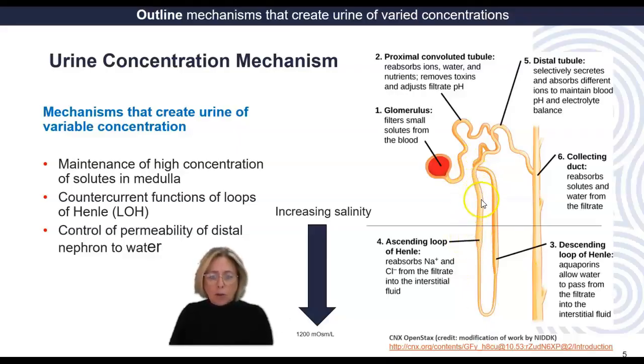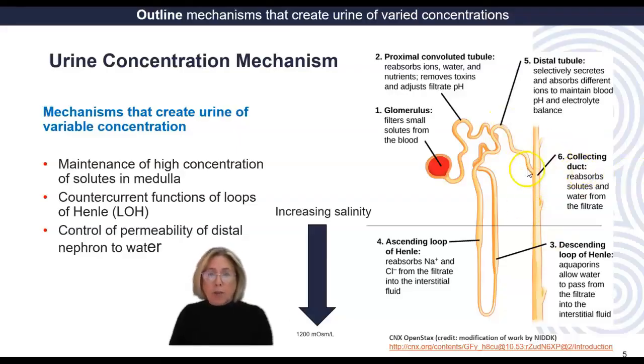So the volume of water in the filtrate here is not going to change because the water can't get out, but it is permeable to solutes. So those solutes can be pumped from the filtrate out into the interstitial fluid, right? Then we have the distal convoluted tubule here, which selectively secretes and absorbs different ions to maintain blood pH and electrolyte balance, right?